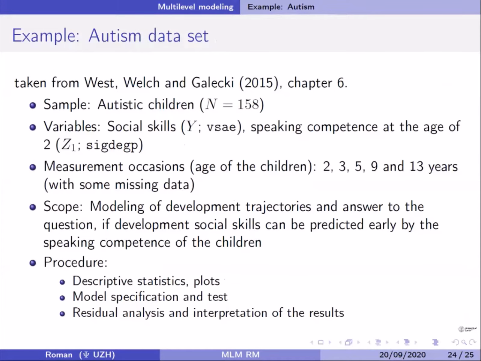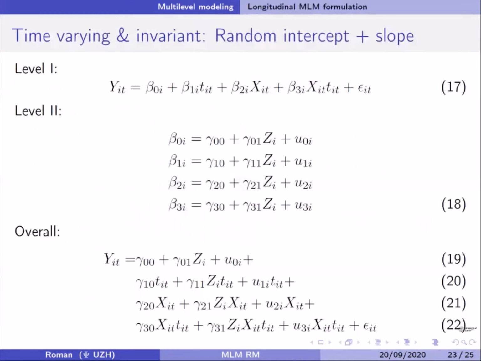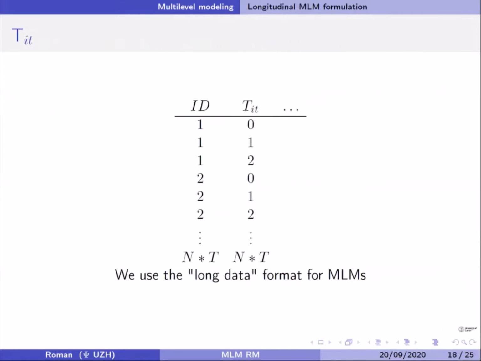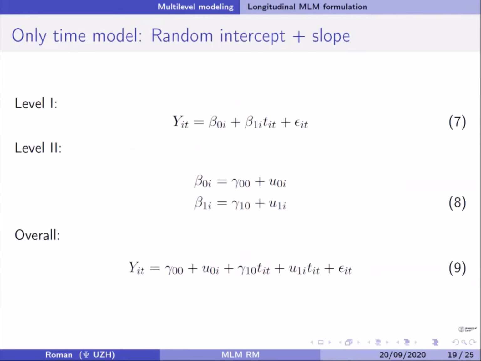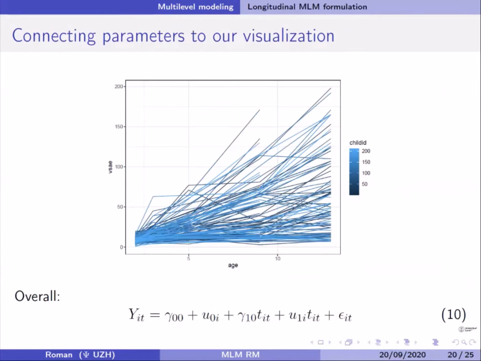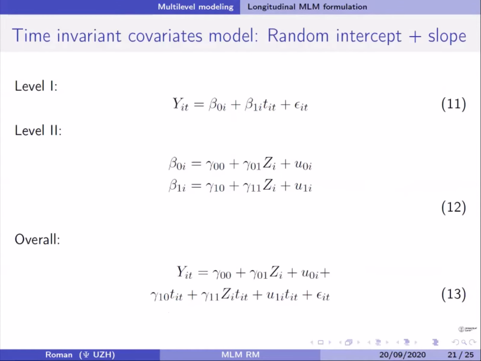So that is the general formulation for multi-level models with longitudinal data. Going back up to the top here, we can do just a time model where we're just looking at developmental trajectory over time. We may also have stable traits that we want to include.